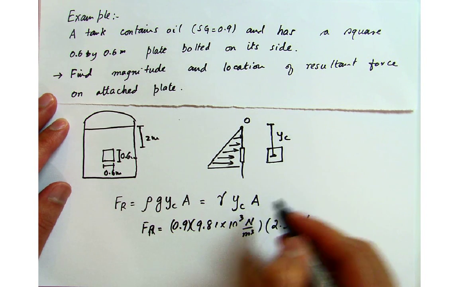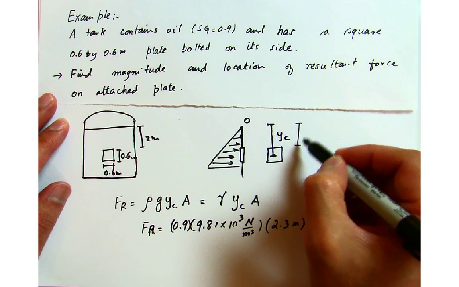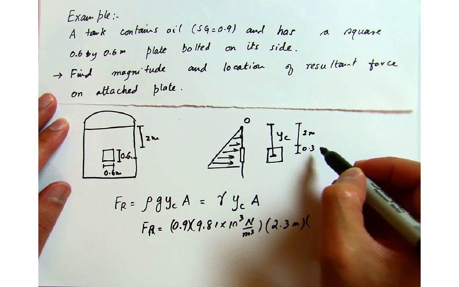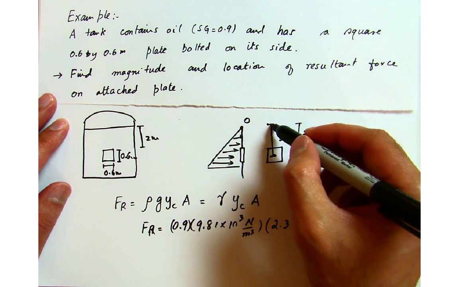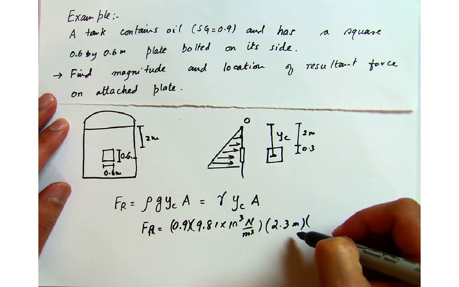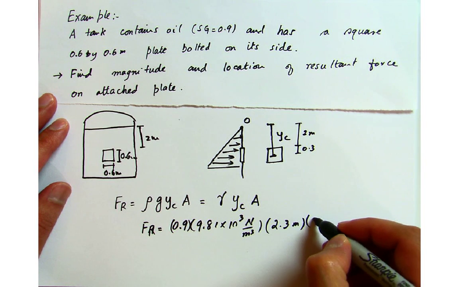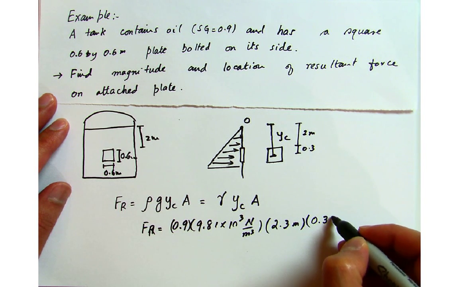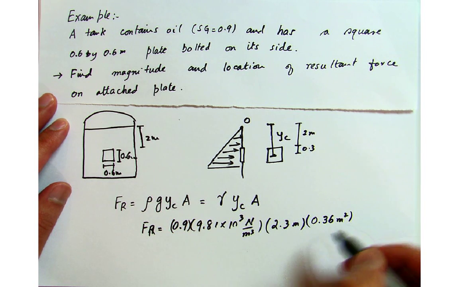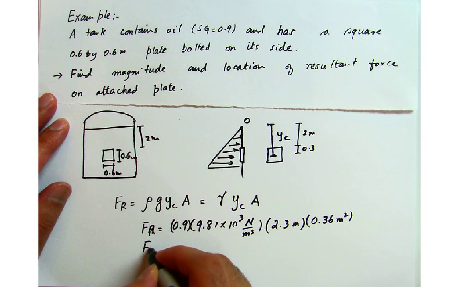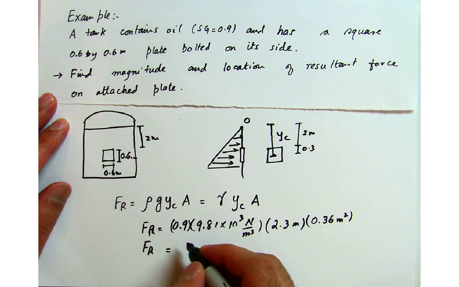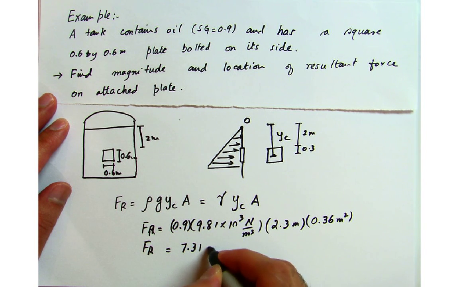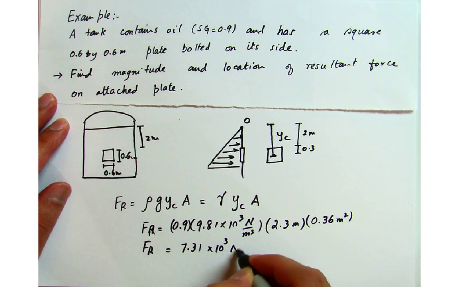For yc, you have liquid on the top, which is 2 meters, and then this thing is 0.3 meters, so the distance of the centroid from this point O is 2.3 meters. Then you have the cross-sectional area of this plate, which is 0.6 times 0.6, which is 0.36 meters square. So your resultant force is equal to 7.31 times 10 raised to power 3 newtons.